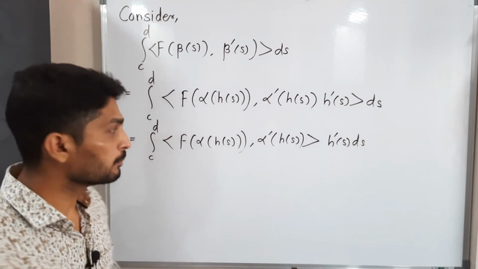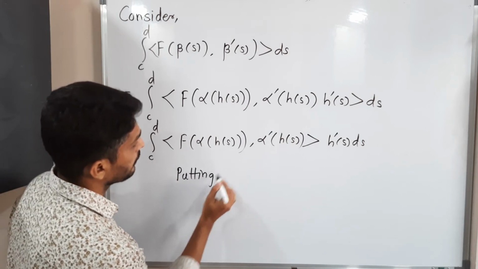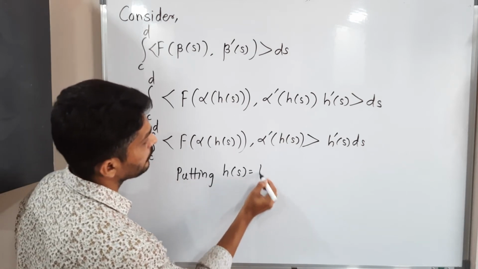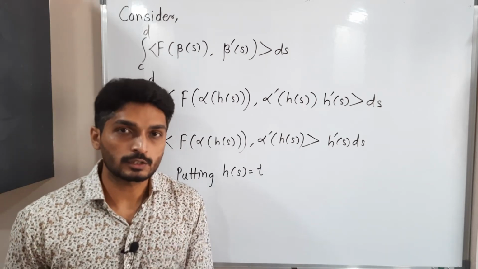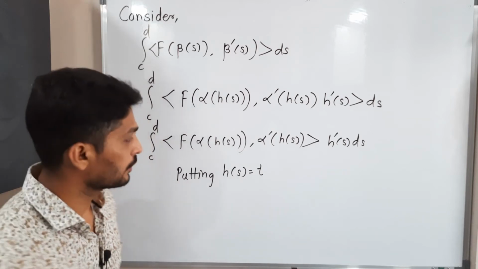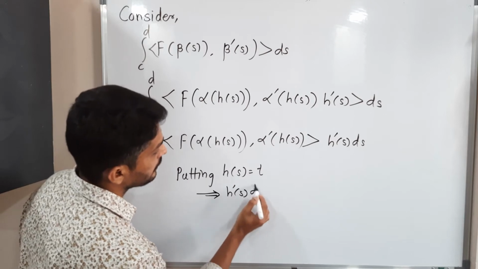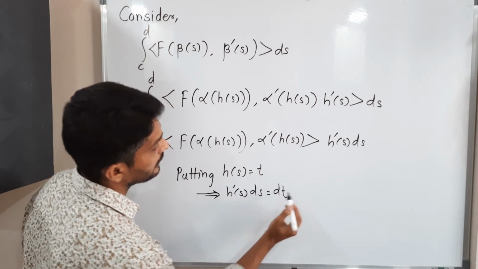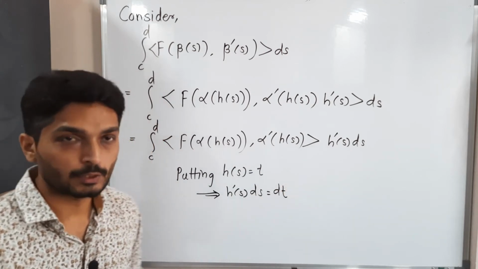After that I am simply going to put h of s is equal to t. So you know that if I put anything, our first task is to find its derivative and the second task is to change its limits. So its derivative will be h dash of s ds is equal to dt. That means this h dash of s ds can be easily replaced by dt only.